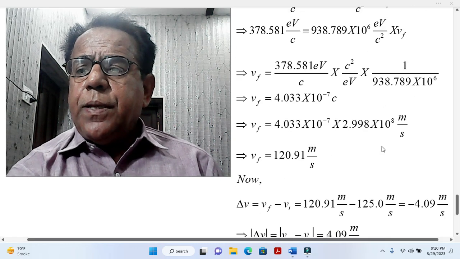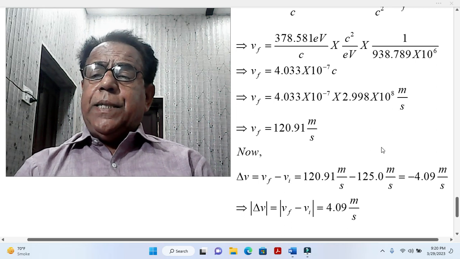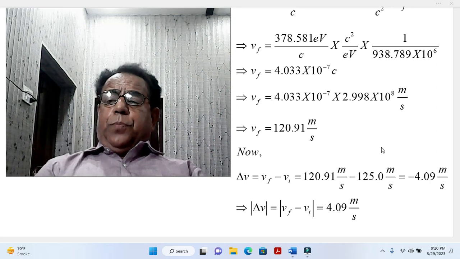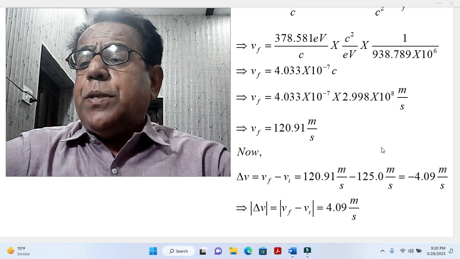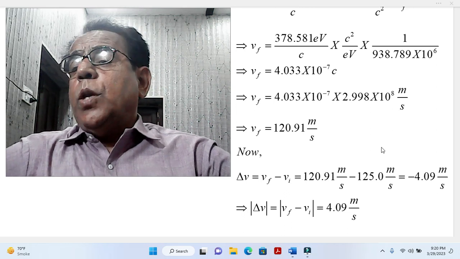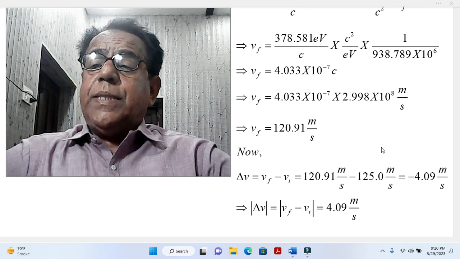So delta V, that is the change in speed, is equal to Vf minus Vi, which is 120.91 meters per second minus 125.0 meters per second, and this becomes equal to minus 4.09 meters per second. This is the change in speed.